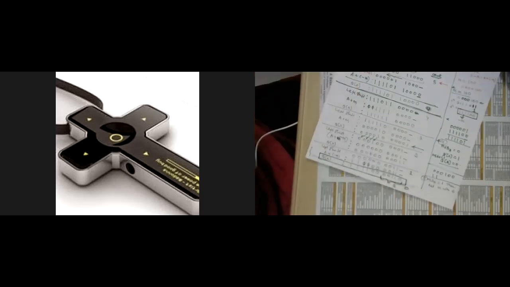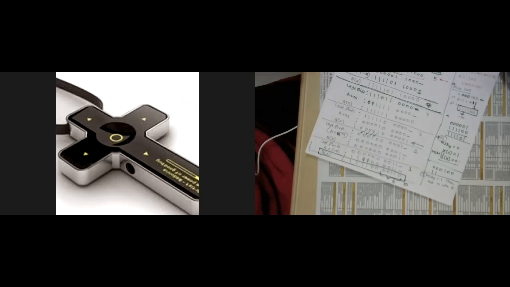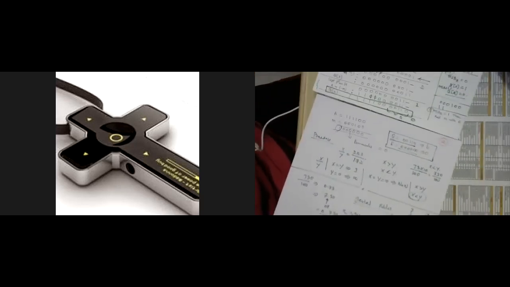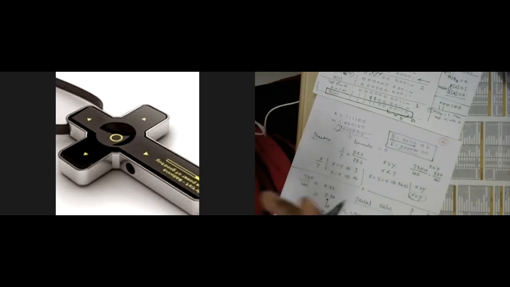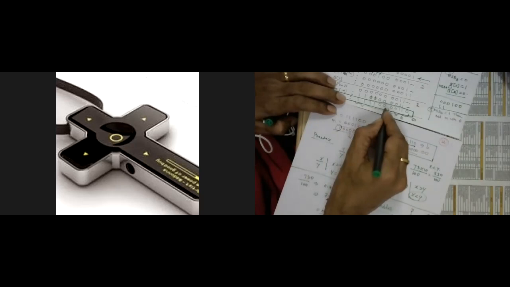To get the actual remainder value, we need to apply the fifth step. That is, after the first count is over, if the accumulator register MSB bit is 1, then we need to add the M with the accumulator to get the final remainder. So what I do here now, I am adding this value with this one now. Look here, the accumulator value is here, 111100.